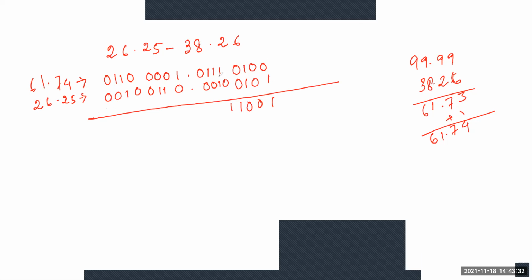So here, adding these, this is 1, this is 1 plus 1, 0, this is 1, this is 1, this is also 1, this is also 1, and this is 0, 0, 0, 0, and this is 1.